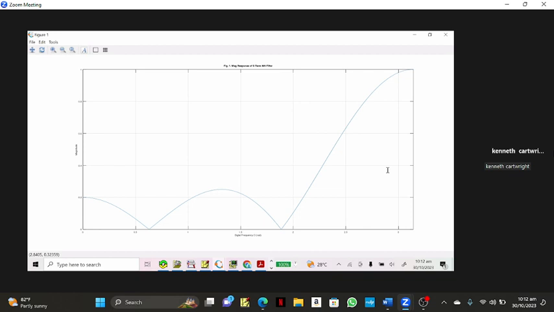Nobody can use the symmetry? Remember we have the same curve, but it's flipped over pi over 4.